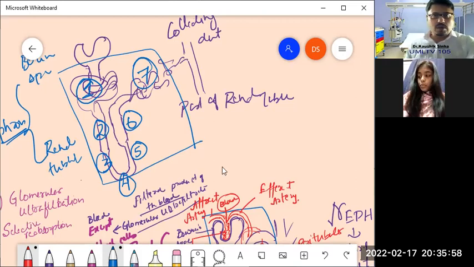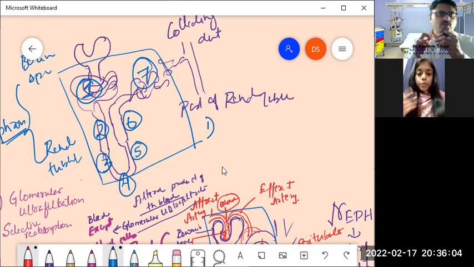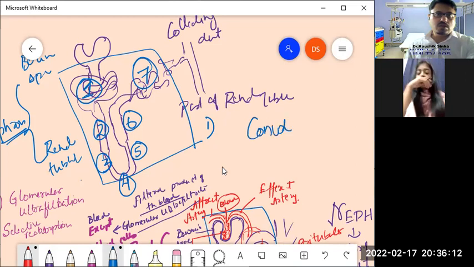Starting with number 1, you see that it is a tubule which is highly twisted and turned, so we use the word convoluted. Convolution means this twisted, turned, and coiled appearance.